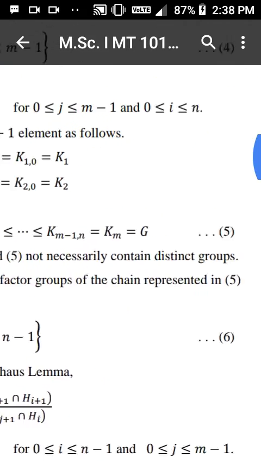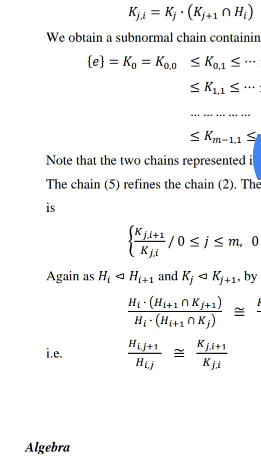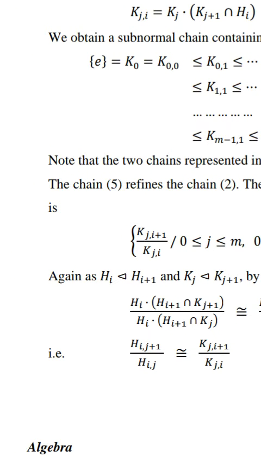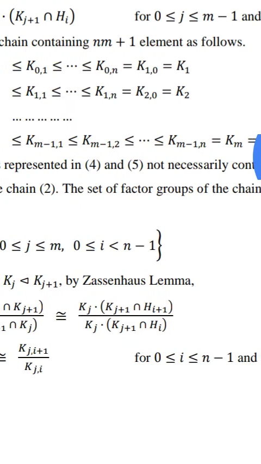The set of factor groups of the chain represented in 5 is Kji+1/Kji such that 0 ≤ j ≤ m-1, 0 ≤ i ≤ n-1.